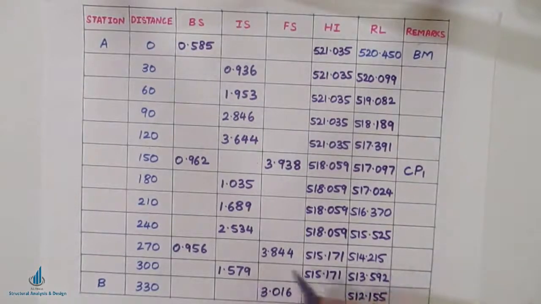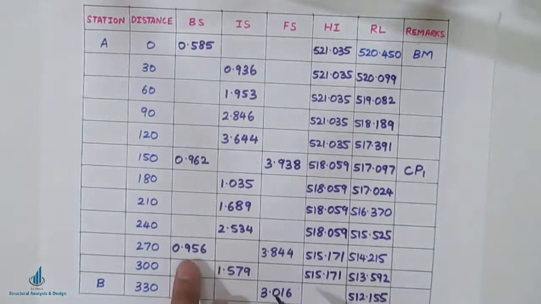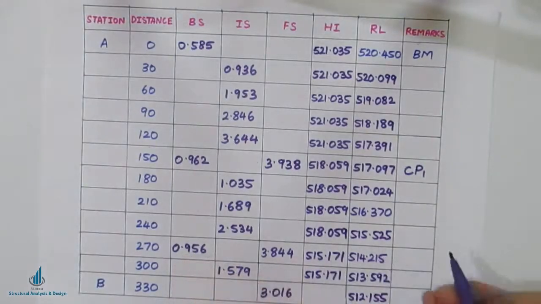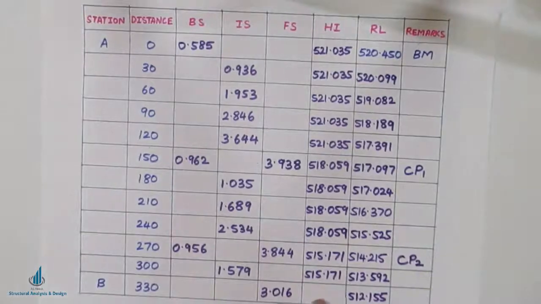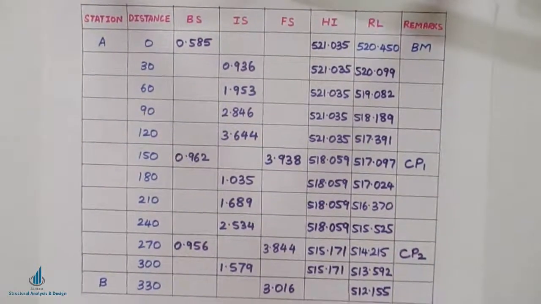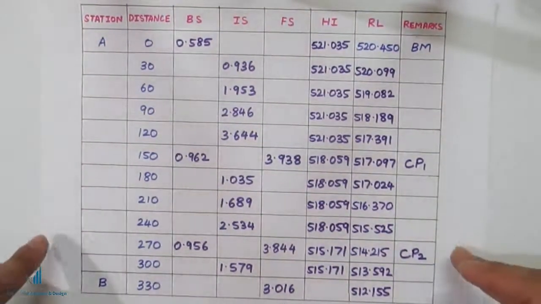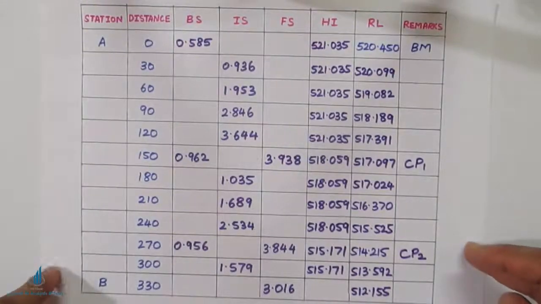So the change point is here. So wherever there is change point, you will be getting the staff readings in backside as well as in foresight. So you can write down remarks is CP2. So this is the entire table you have to fill for this height of instrument method.